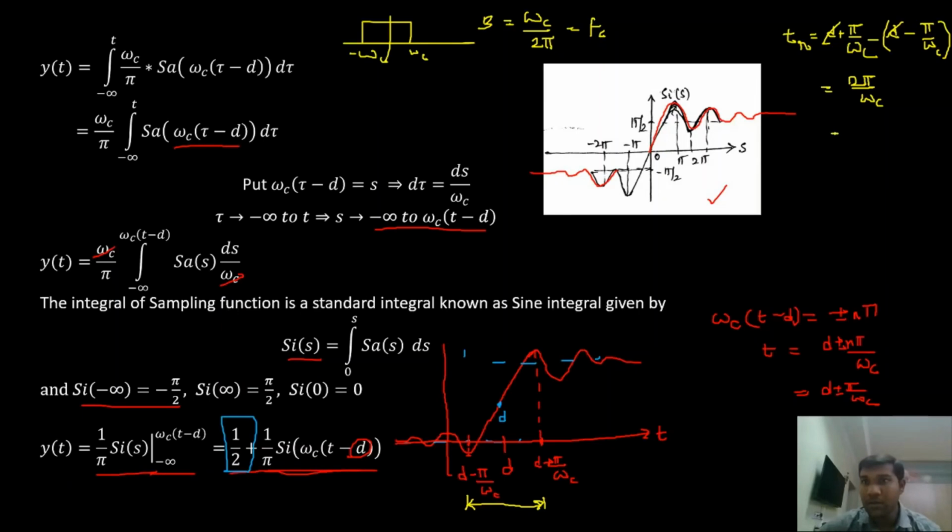So this is nothing but 1 by b. So what is the relation between rise time and system bandwidth? Rise time is equal to 1 by b, right? So this is the relation between rise time and system bandwidth in case of an ideal low pass filter, right?